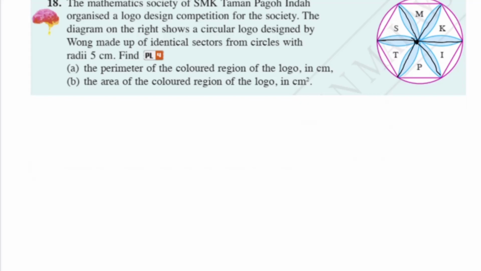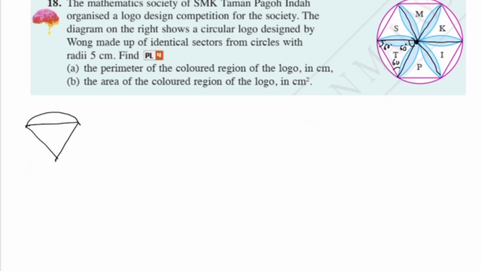Can you see? It's a regular hexagon, and the angle subtended at each side, each triangle here, is 60. Because it's a radius, they are all 60 degrees. So first thing is you need to find out the angle. We are supposed to find perimeter, so I'll just draw one of them for you.